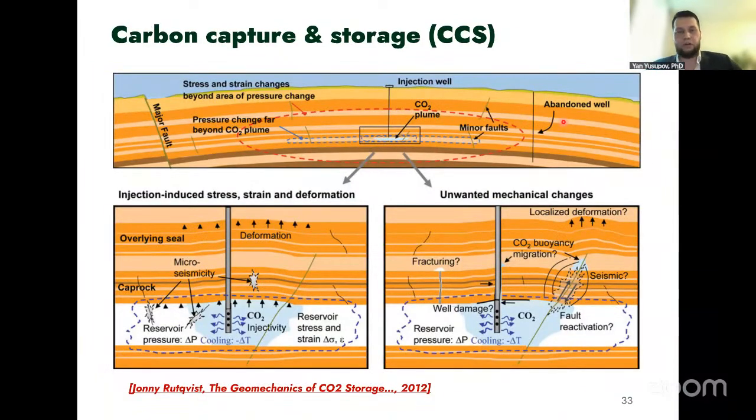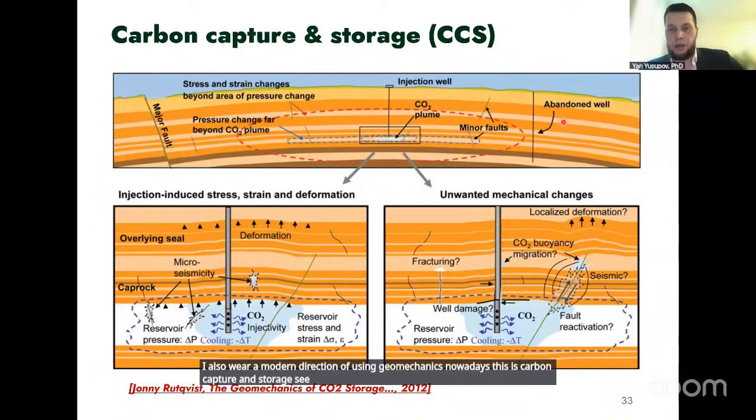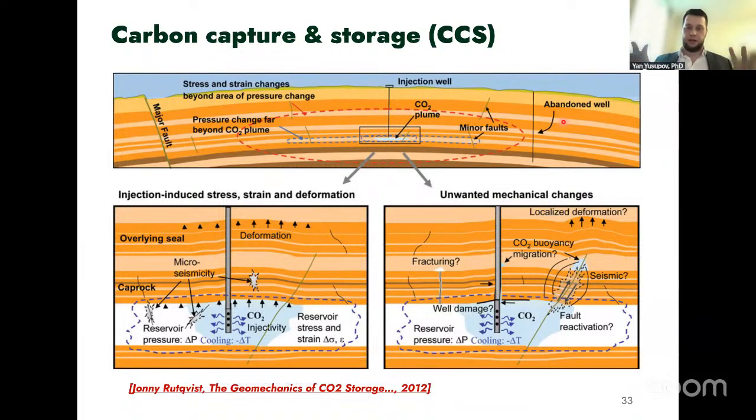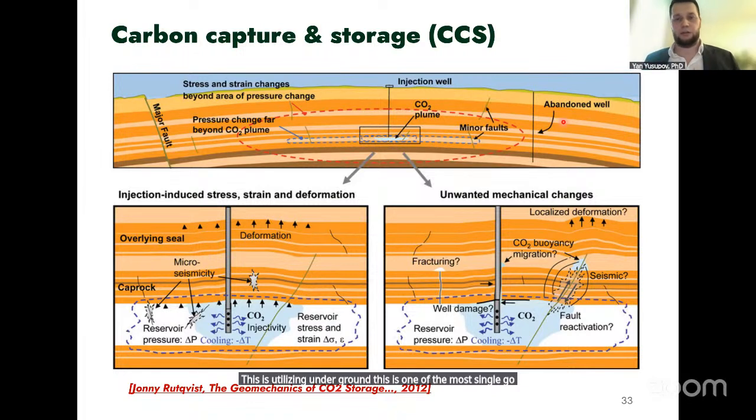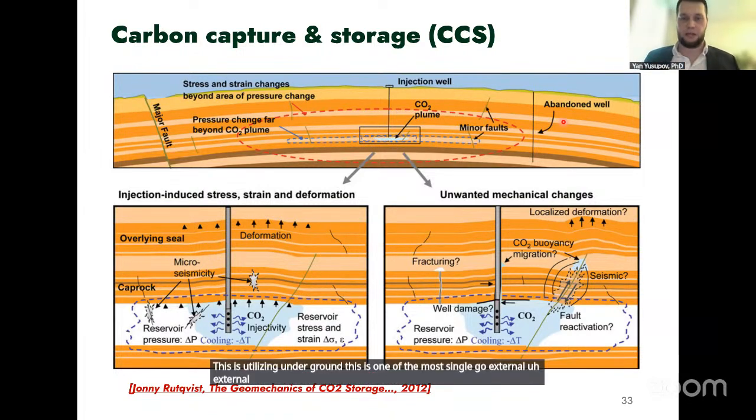Also, there is a very modern direction of using geomechanics nowadays. This is carbon capture and storage, CCS. Why is it very important? Because utilizing carbon dioxide is very important today. This is utilizing underground. This is one of the most actionable acts to make it.